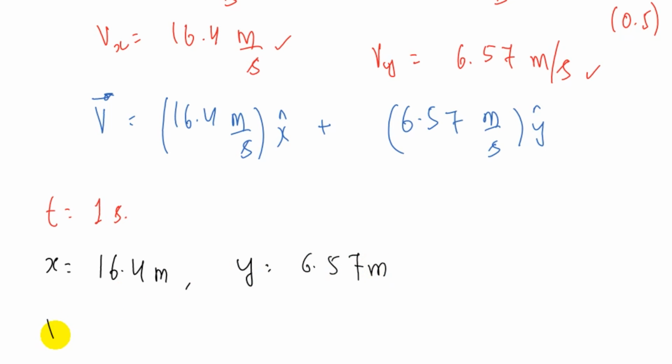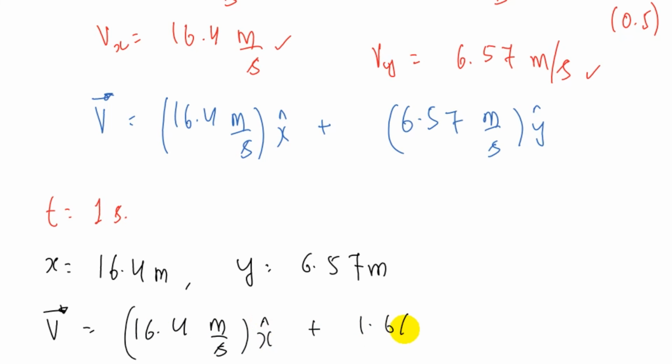And the velocity vector at time t equals 1 will look something like that: 16.4 meter per second x cap plus 1.66 meter per second y cap. So these are the answers. You can compare it. If you have any problem, you can comment in the comment box below.